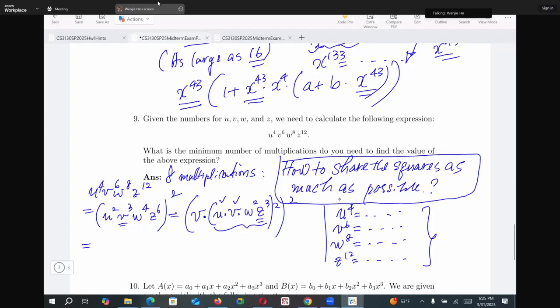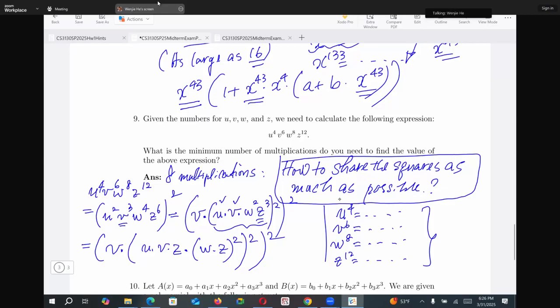So this V times U dot V dot Z, we can take out another one Z. After you take that out, you have W Z square. The third round square. So you share square 3 times, 3 rounds.